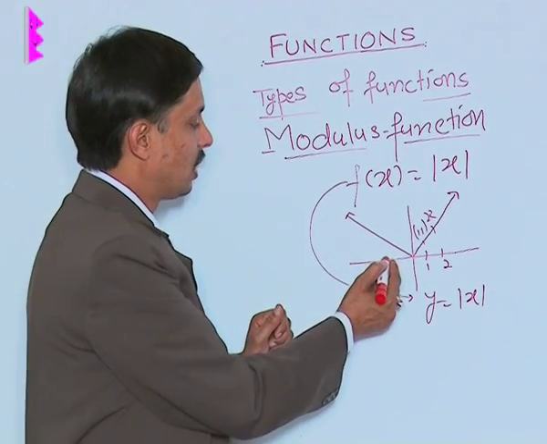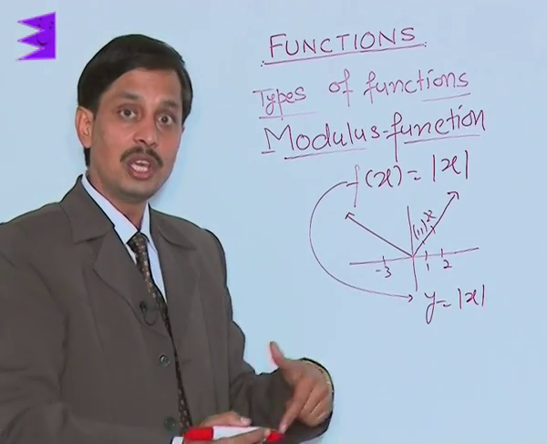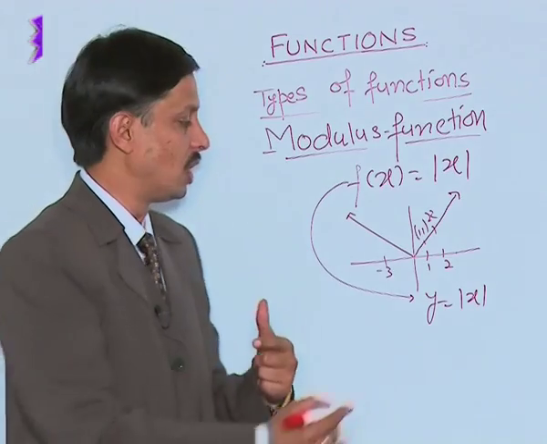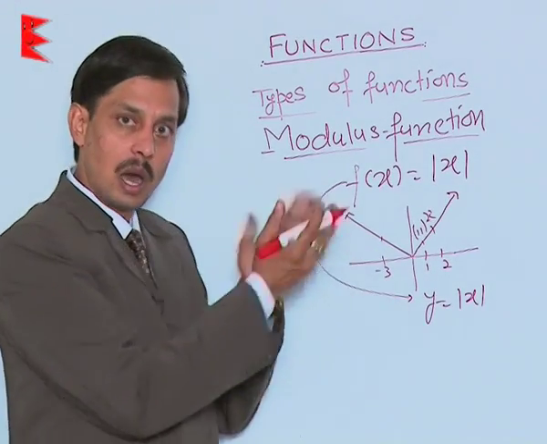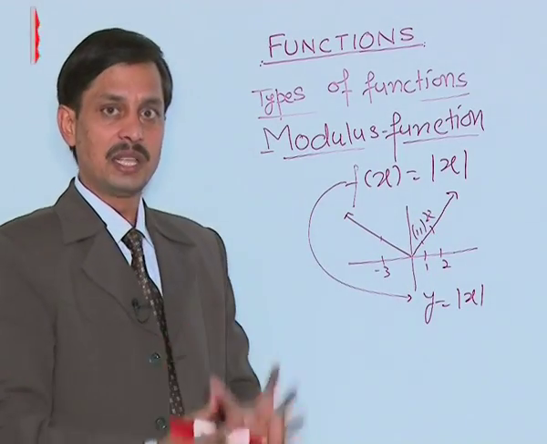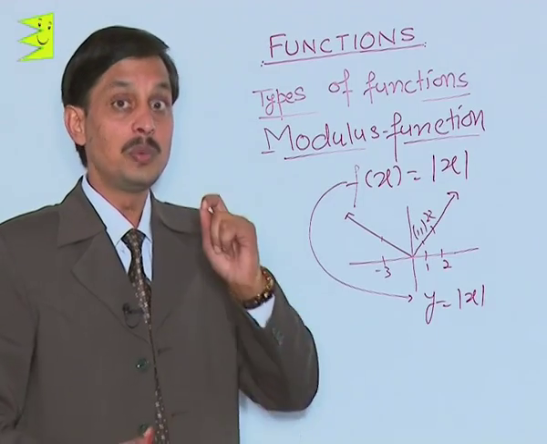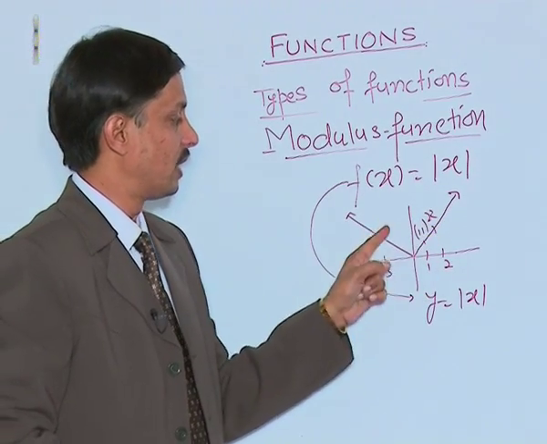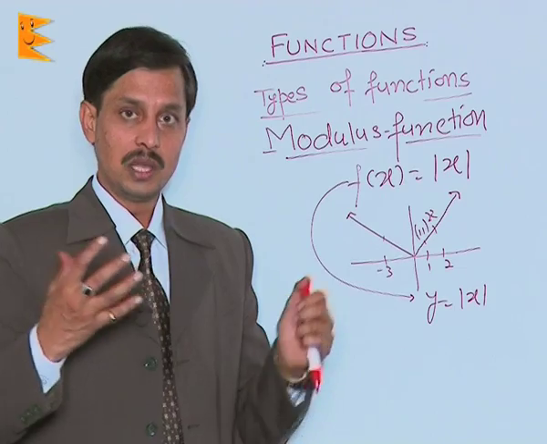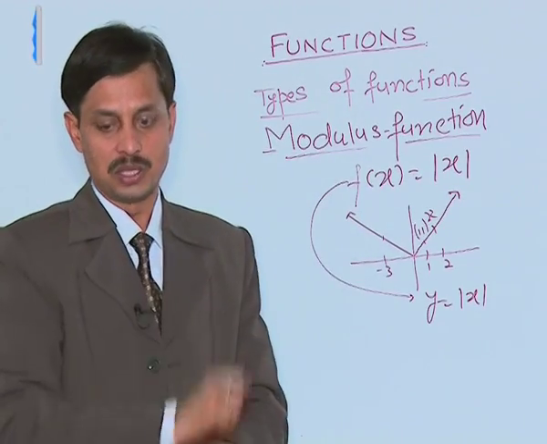Suppose x is minus 3, because mod of minus 3 is the positive number 3, the answer will go upward. Hence, we can say that the lines which bisect the first and the second quadrant, their pair gives us the graph of the modulus function.